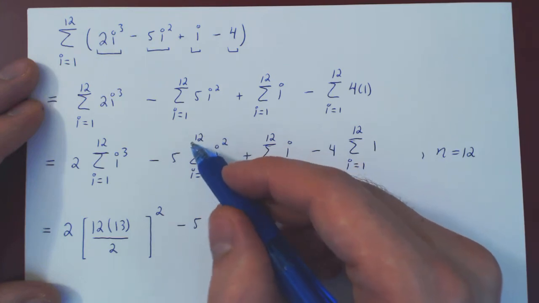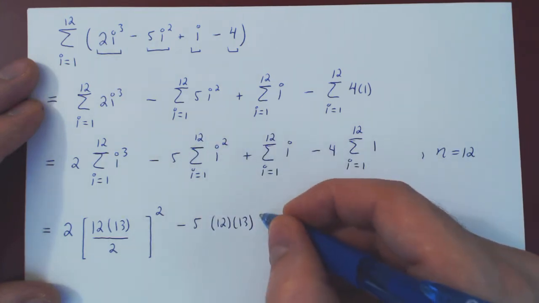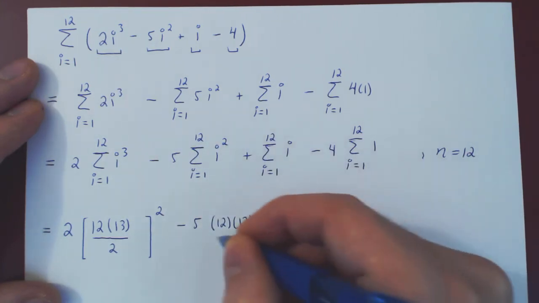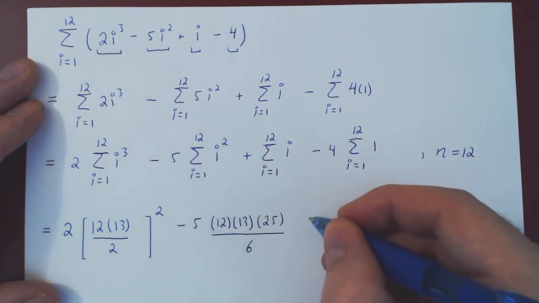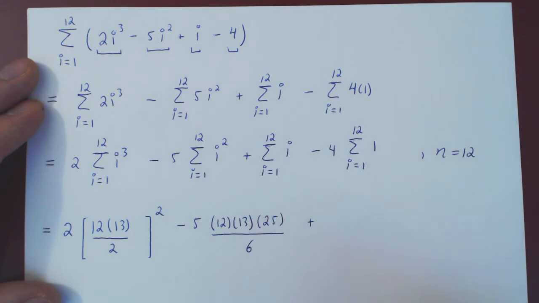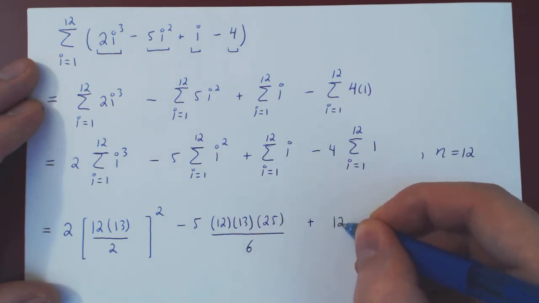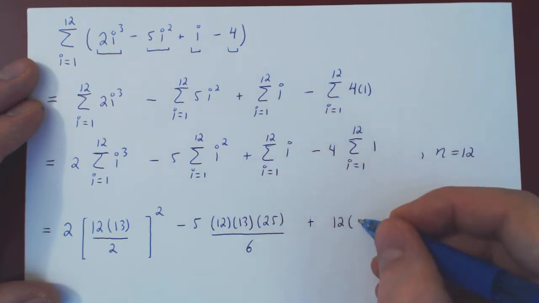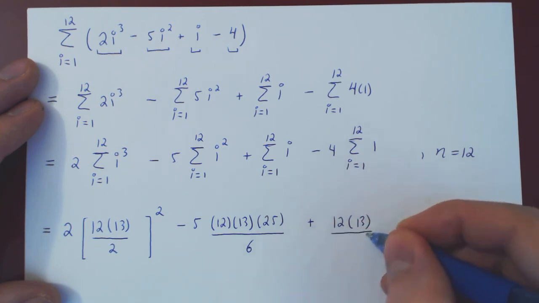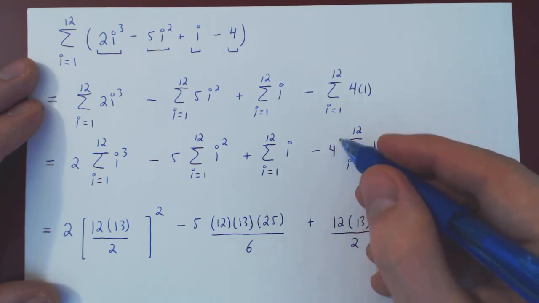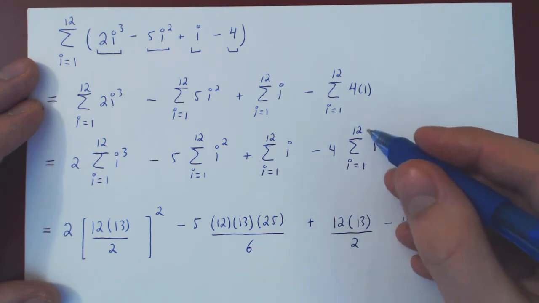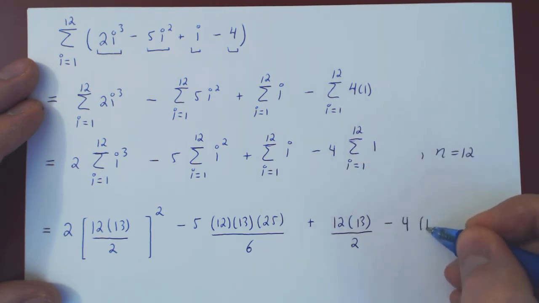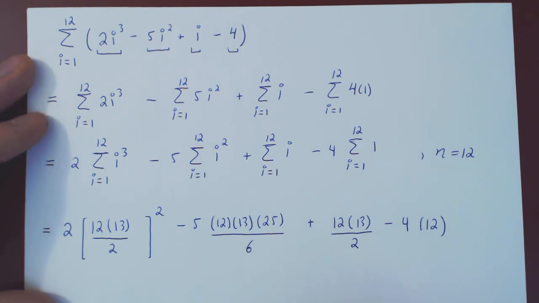Well, 2n, 24, plus 1, 25, over 6, check. Plus, summing i is n, 12, times n plus 1, 13, over 2, minus 4, and this one is the easiest. If you add 1 twelve times, you get 12. And there you have it.